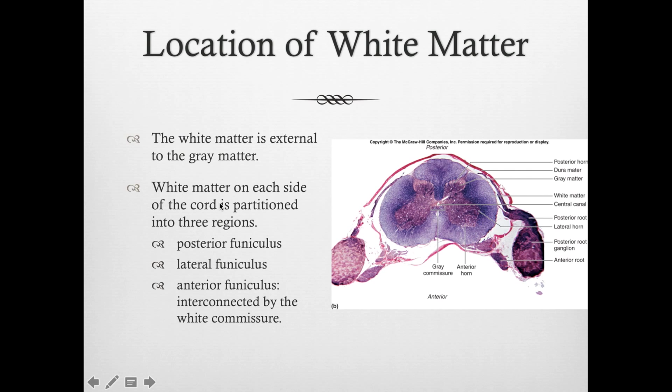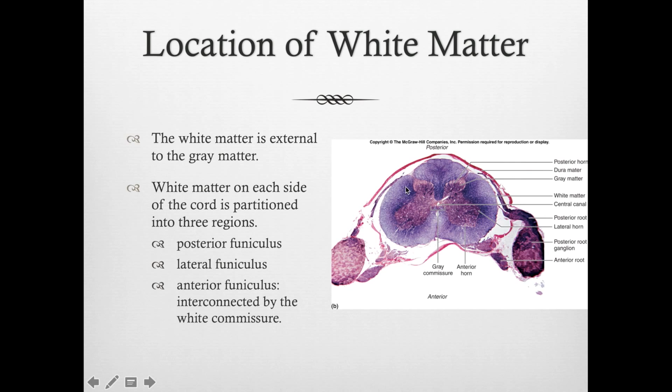And the white matter on each side, again, is partitioned into three regions, as you would expect, right? Posterior side is here, right? We can see posterior. Posterior side is here. My apologies. This is the posterior funiculus. Now, if we were to go to the very opposite side of the spinal cord, we see this region here is actually the anterior funiculus.